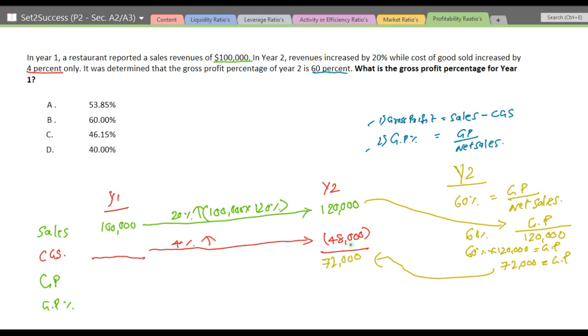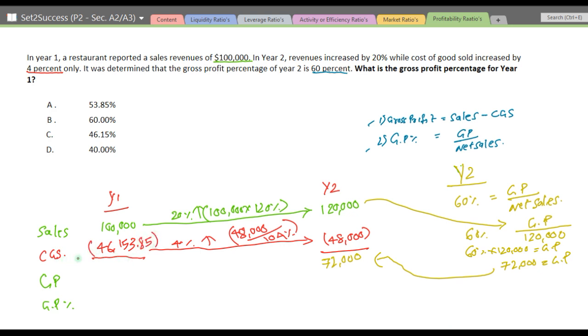Now CGS has increased by 4%, so 48,000 is after a 4% increase, which you have to divide by 104 percentage. If you divide 48,000 by 104 percentage, you will get 46,153.85.